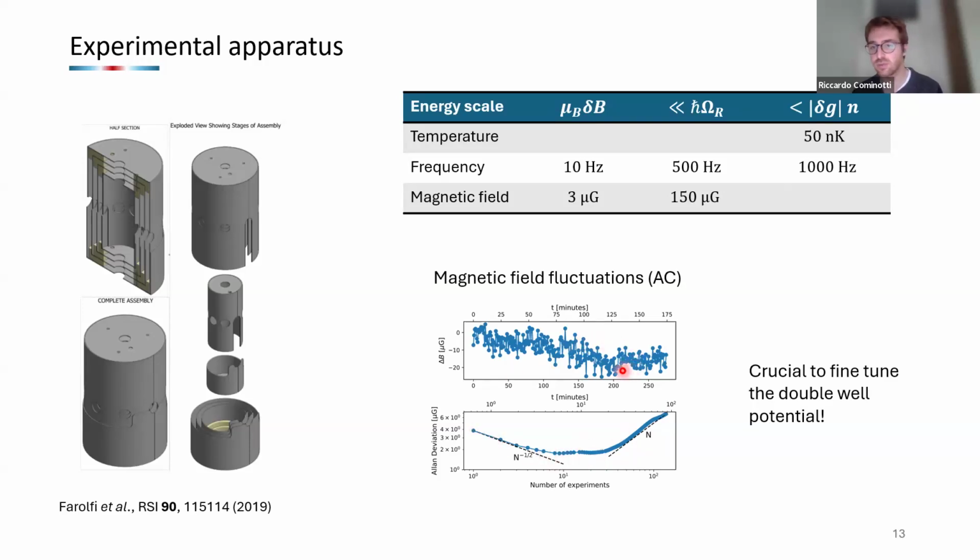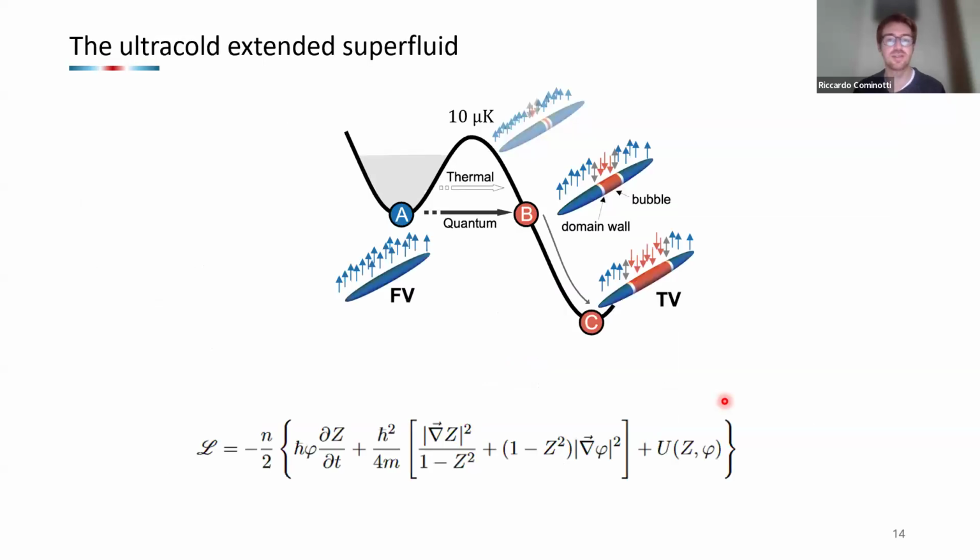And this is crucial for 2 points. The first is that with this value, we can retain the resonance condition. The second is that we have very fine tunability of this double well potential structure because it directly depends on the detuning.